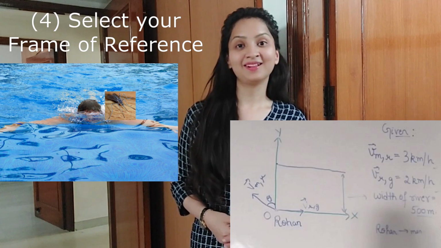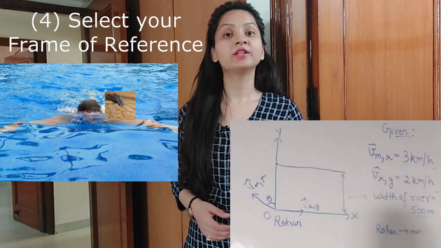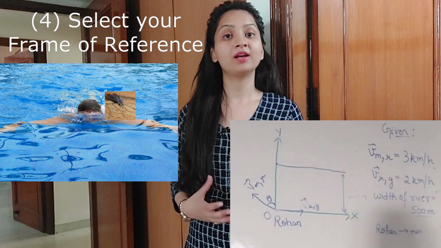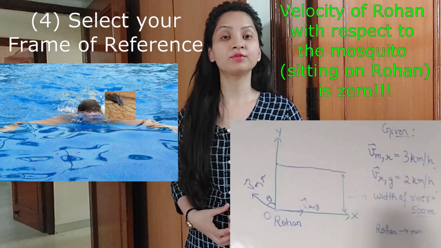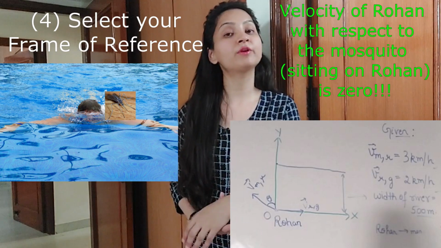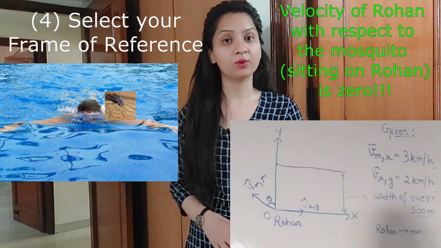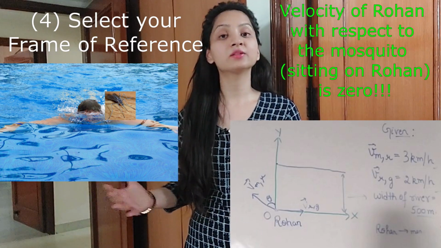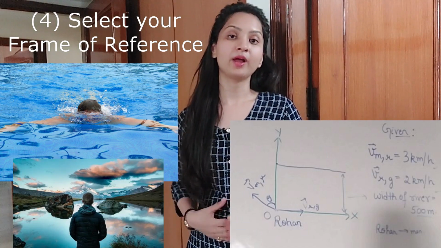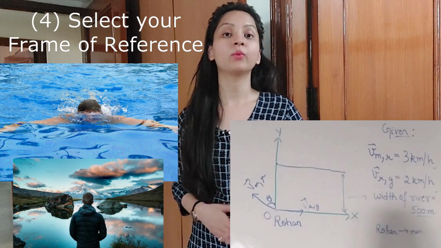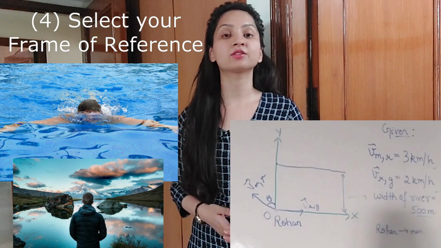If the mosquito was given the responsibility to narrate what all has happened from his frame of reference, then we have to work in the frame of reference of the mosquito, and the results in the two cases will differ. So for the time being, we are standing on the ground and we are solving the problem when the frame of reference is attached to ground.